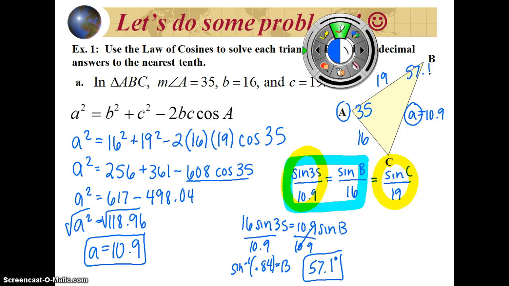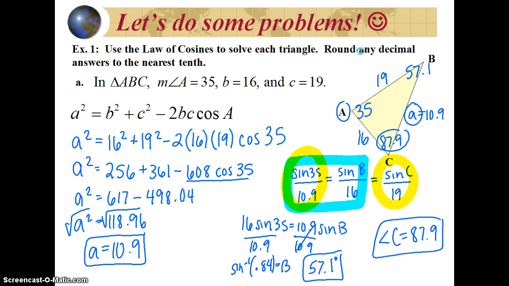So 180 minus 57.1 minus 35 is equal to 87.9. So angle C is equal to 87.9. Next example.